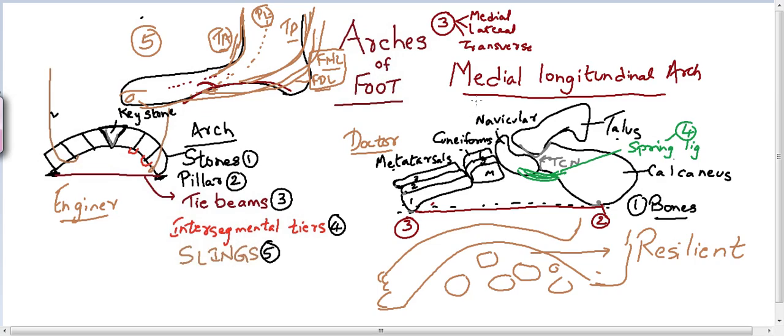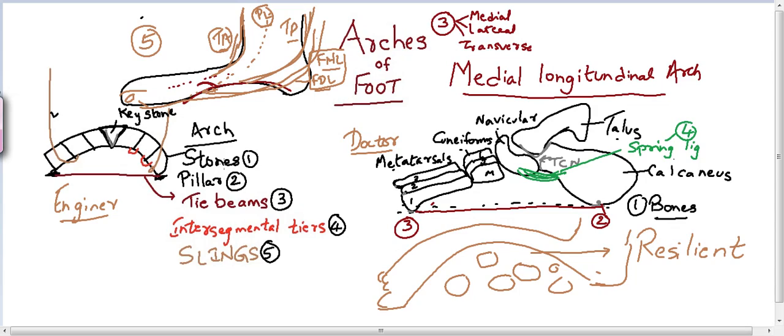For the medial longitudinal arch, actually there are three arches: one on the medial border of the foot from the great toe towards the medial side of the heel, another from the lateral aspect, and then side to side it's a transverse arch. So today's topic is the medial longitudinal arch. I will limit myself to the medial longitudinal arch.